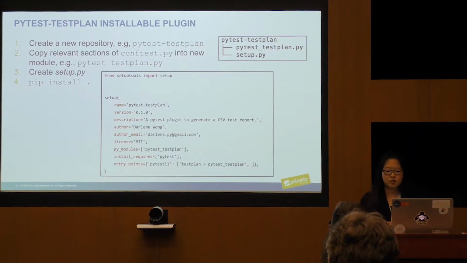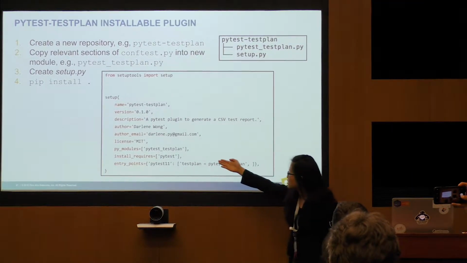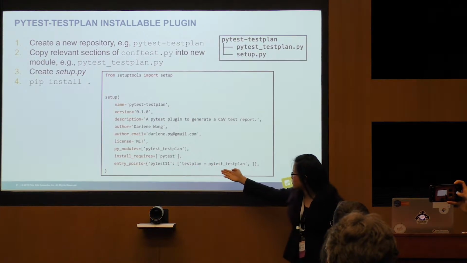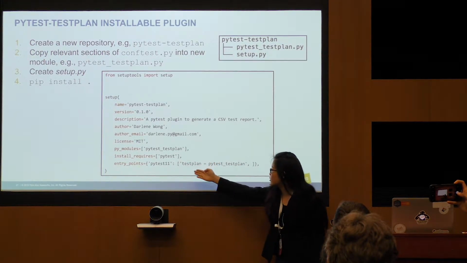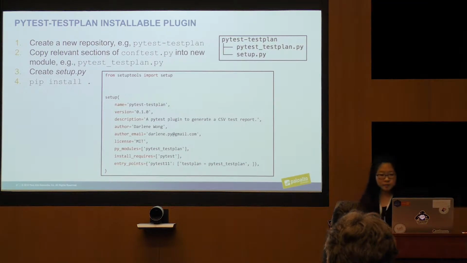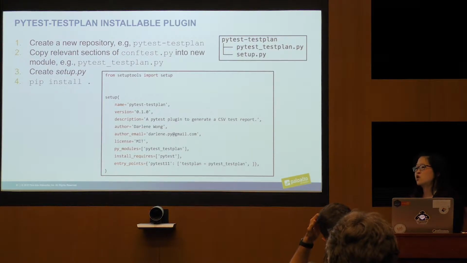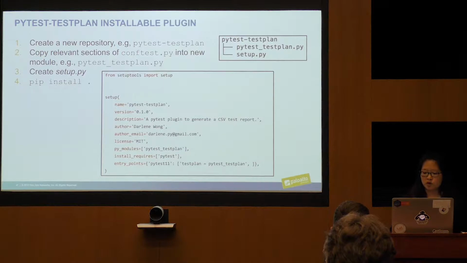A lot of it is just boilerplate, but you would include the name of your test module, the name of your module, and the entry point here. And that's it. With that, you can just pip install this, and use it in multiple repositories, or if you're in a large enterprise, other teams with different repositories could make use of your plugin.